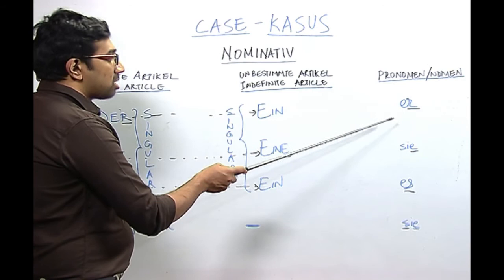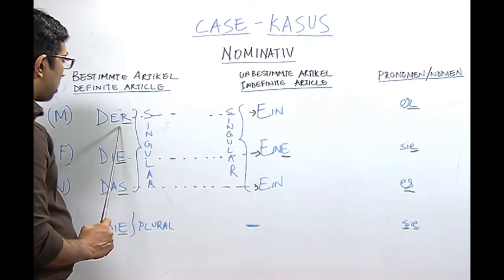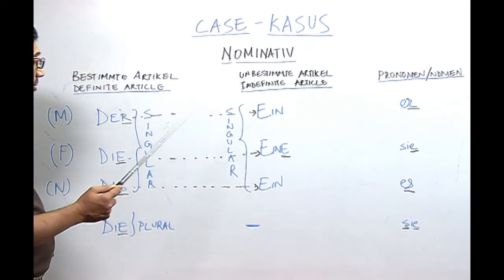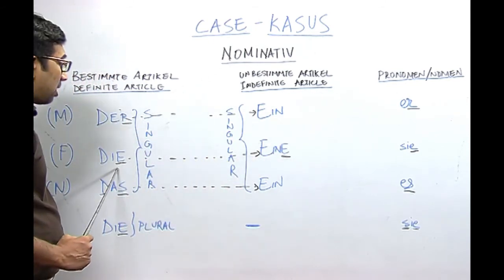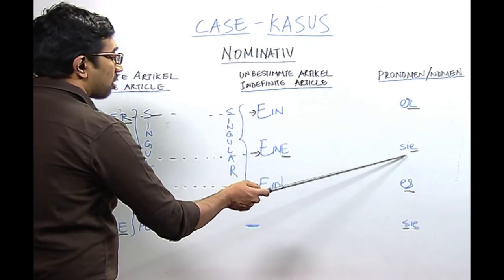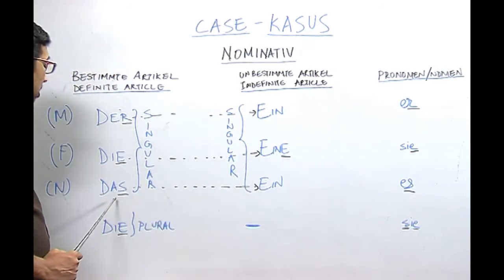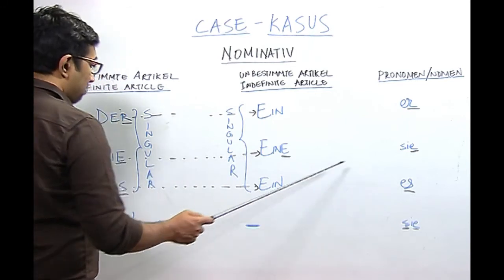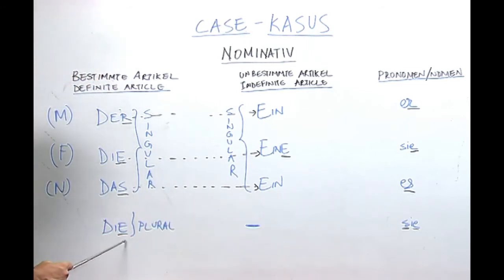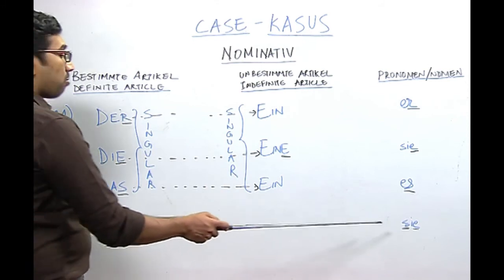Any masculine noun is represented with the pronoun er. Any feminine noun is represented with the pronoun sie, and any neutral noun is represented with the pronoun es, as well as any noun in plural is represented with the pronoun sie.